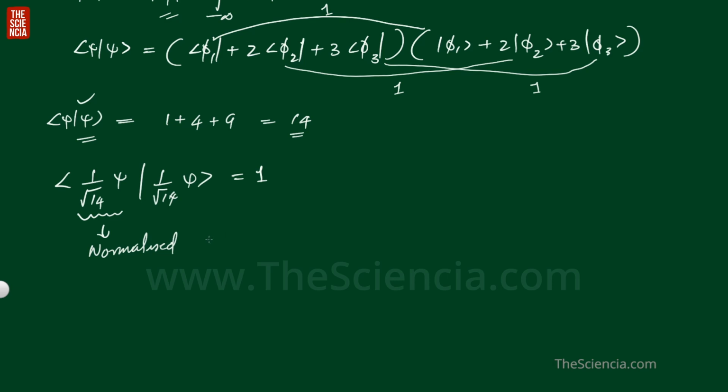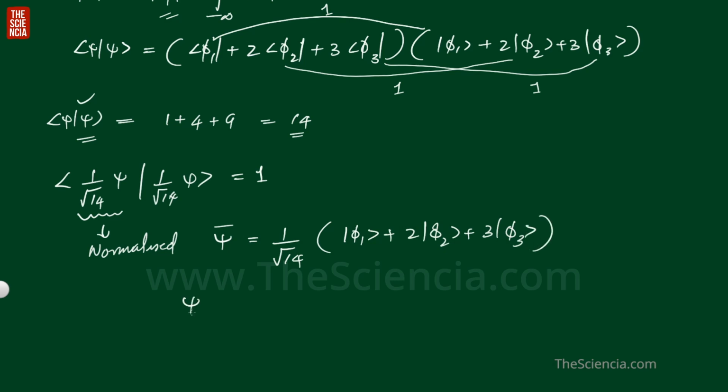That is the normalized wave function psi. I am calling it psi bar. Psi bar, the normalized wave function, is equal to 1 by root 14 into what is psi? You know, psi is equal to ket psi 1 plus 2 ket phi 2 plus 3 ket phi 3.